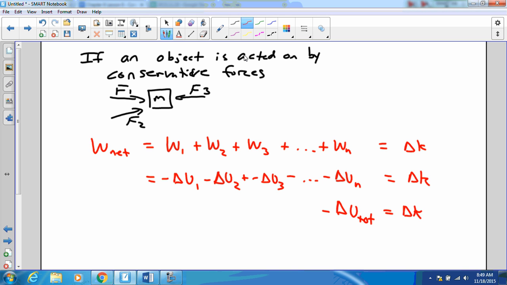And all of the potential energy that we gain becomes a loss in kinetic energy. In other words, potential energy and kinetic energy will not be lost, but they will be traded back and forth between each other. You can think of them as like two separate bank accounts that trade money back and forth, but the total remains the same.